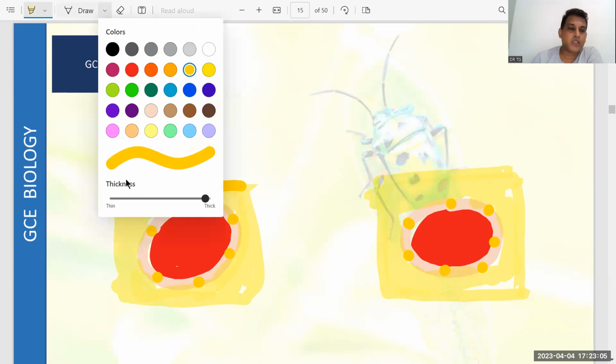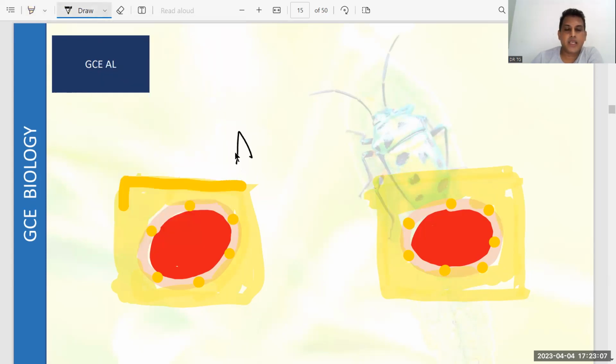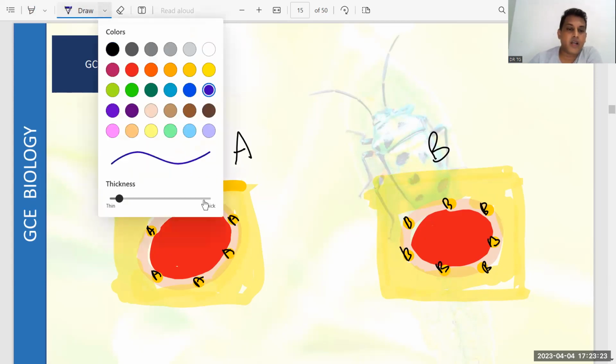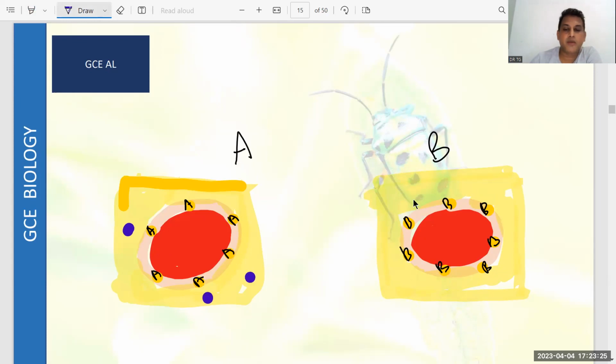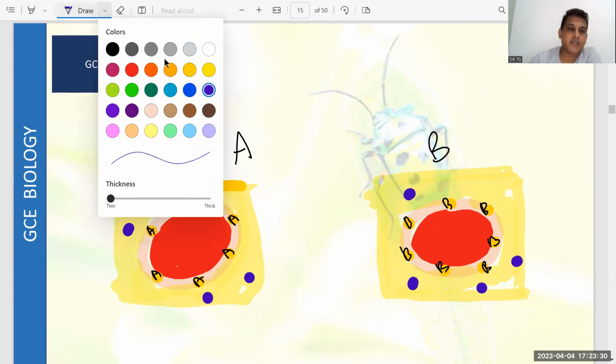Okay, so this is a person with blood group A, and this person has blood group B. So A has an A antigen, B has a B antigen on the surface of red blood cells. And now coming to the antibodies. What are the antibodies we can find here?